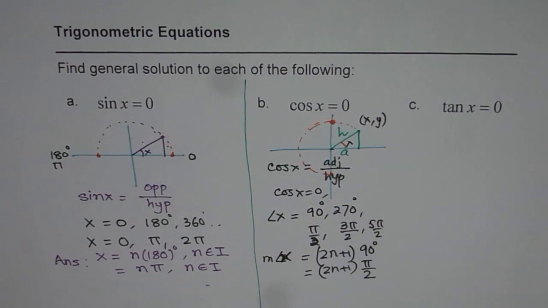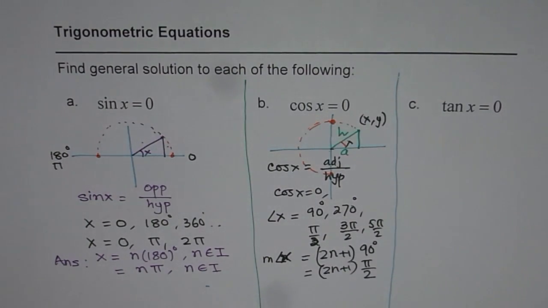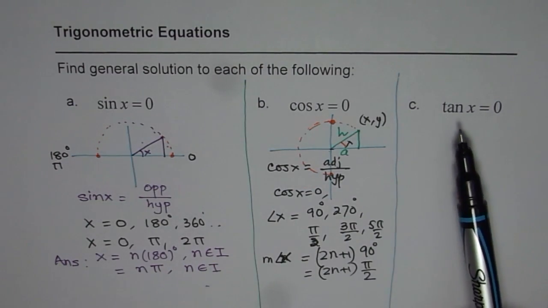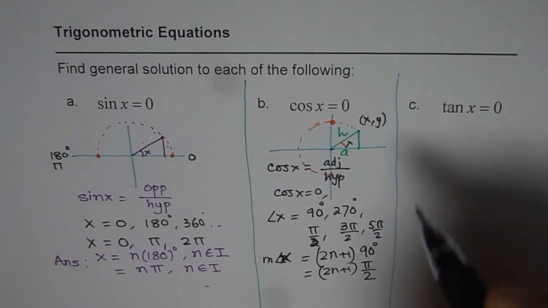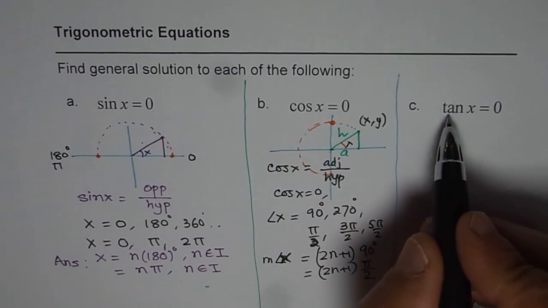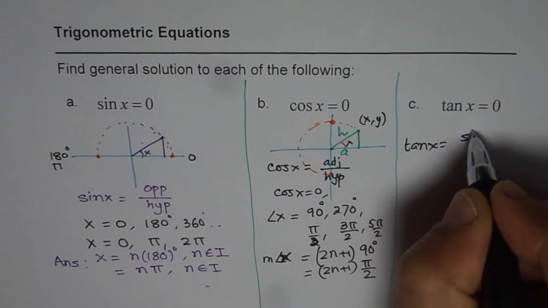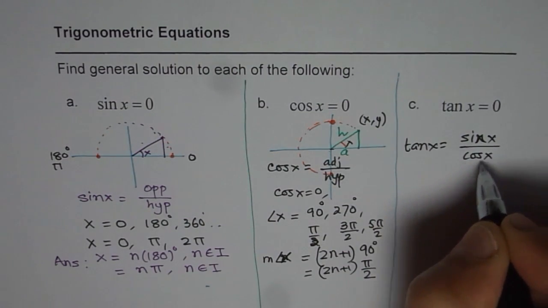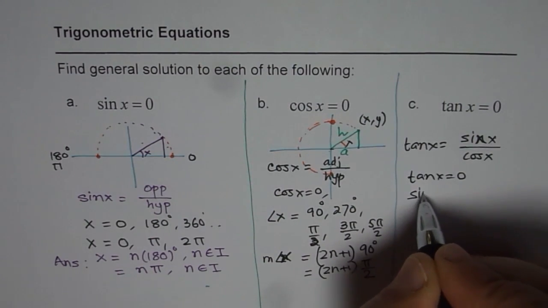Now let's look into tan, the other primary trigonometric ratio. In most of the videos, I will be dealing with sine and cos. Since tan is the ratio of sine and cos, we could actually get our results from them. Now in this particular video also, let me show you how. Tan x is equals to sine x over cos x. So if I say tan x is equals to 0, it means sine x equals to 0.